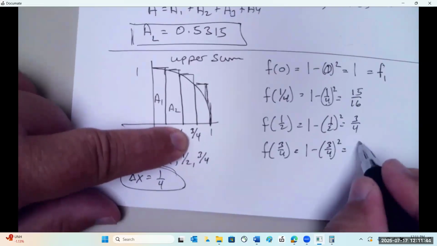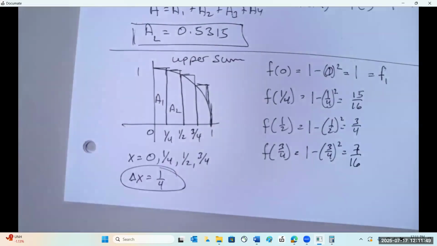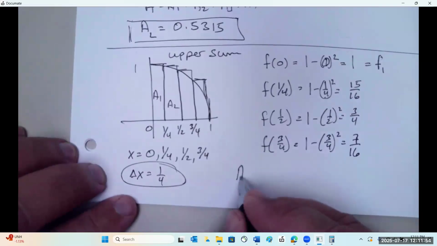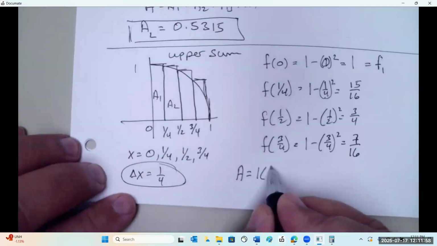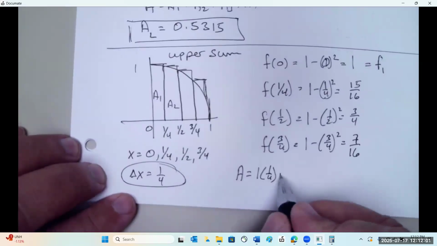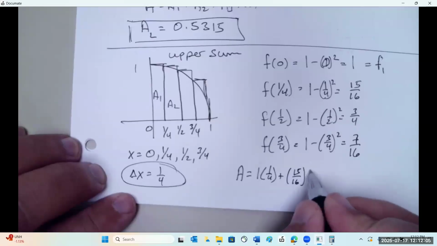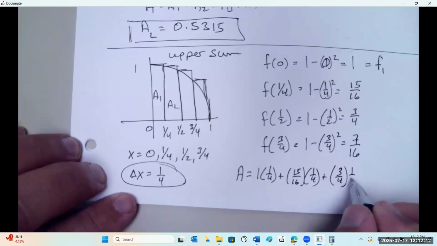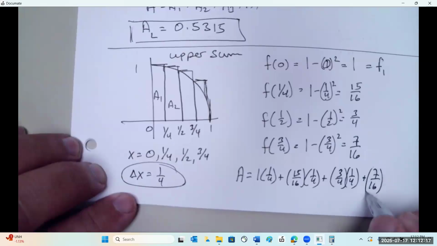That was 7/16. So the area is 1 times 1/4 plus 15/16 times 1/4 plus 3/4 times 1/4 plus 7/16 times 1/4.